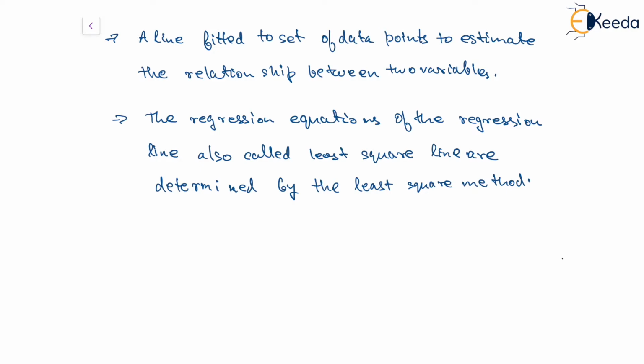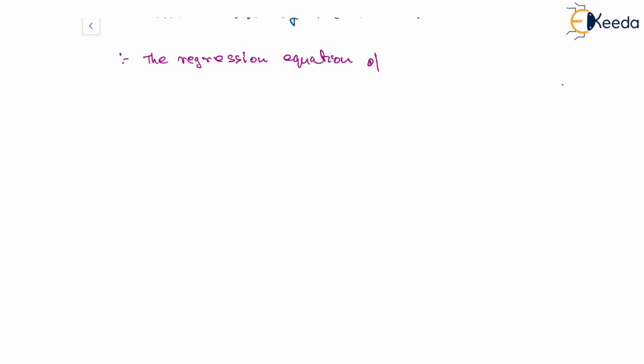Now let us talk about the types of line we are going to get, and that is the regression equation of y on x, and this basically describes the changes in the value of y for given changes in the value of x.